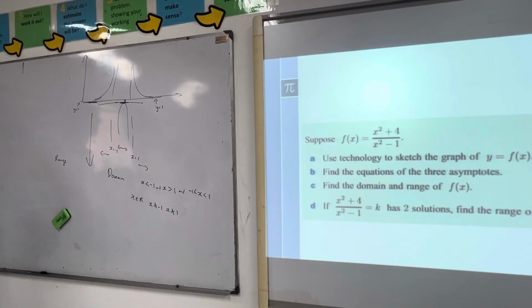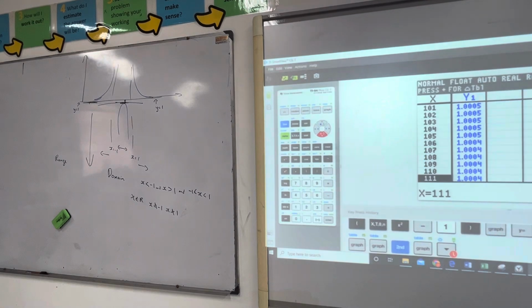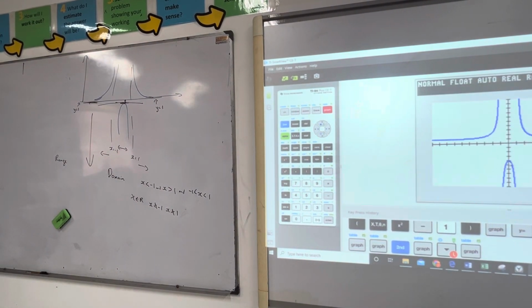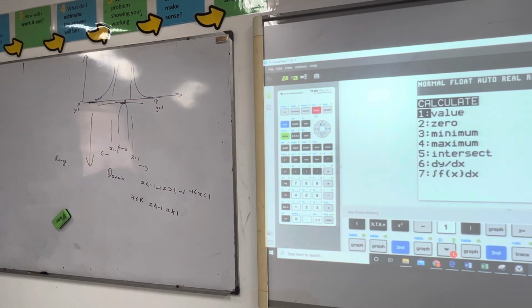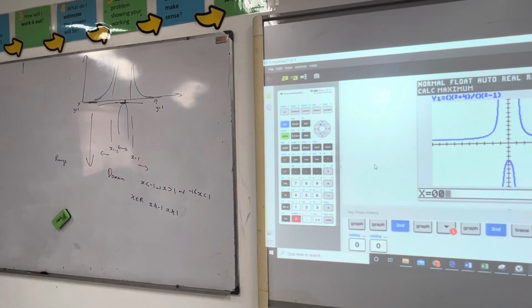which you can do in your calculator. So how do you do that? You're on your graph. You want to find this vertex. You go second, trace. Find the maximum. Oh, didn't mean to do that. Do that again.